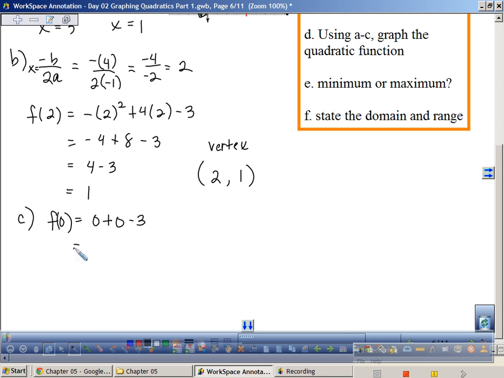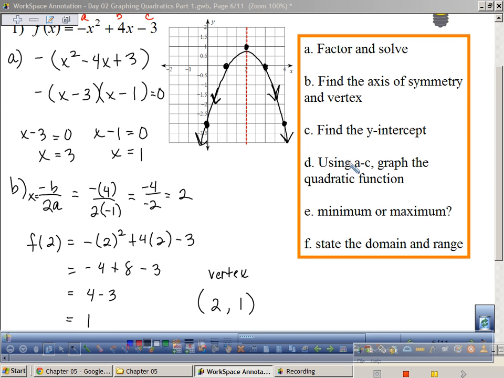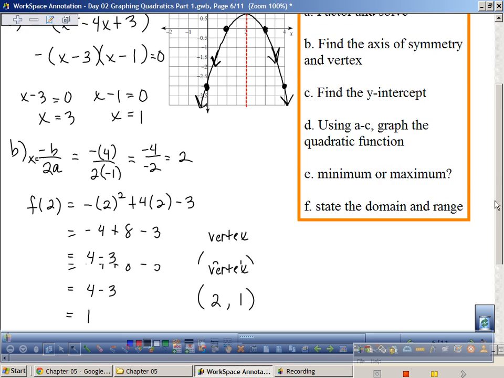Is that right? All right. D says use A through C to graph the quadratic function. I already graphed it as I was going, which is what I suggest you do, because I could see what was happening as I was doing it, right? I was seeing the behavior of it.